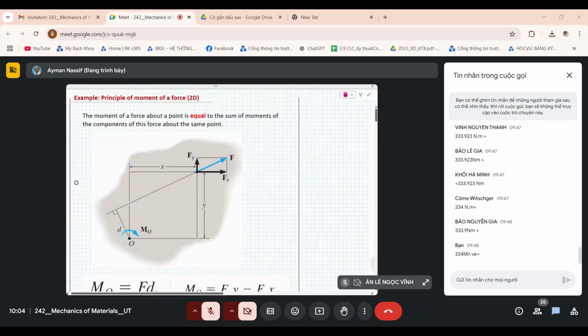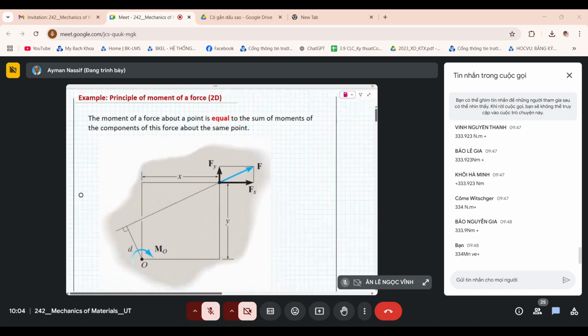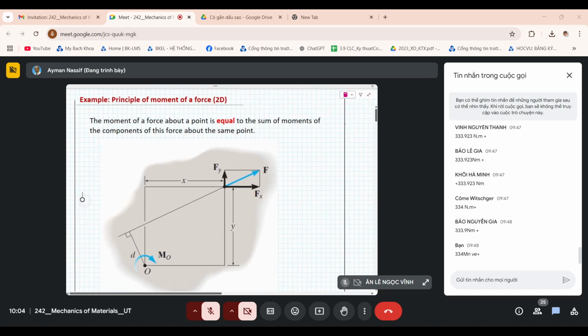Okay, very quickly again, I hope this is useful. So we're talking about 2D.